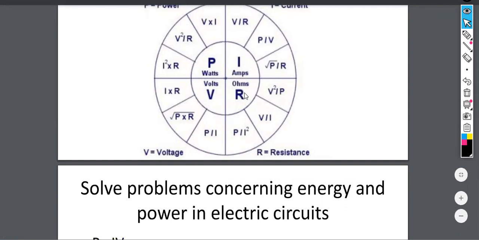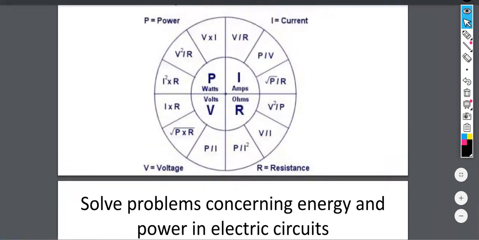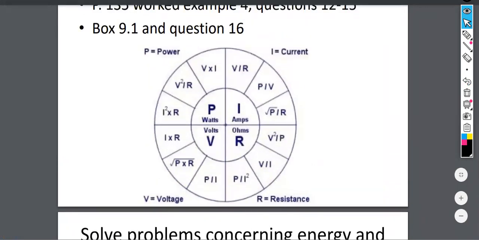The way to read this is R equals V over I, or V squared over P, or P over I squared. If you want all of those equations in your notes, you could queue up this slide and copy that down. But if you just remember the two that I said, P equals IV and V equals IR, that's enough to get the rest. You can always derive anything else that you need from those.